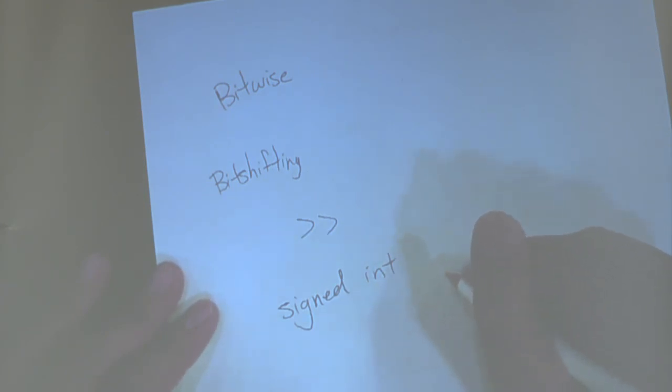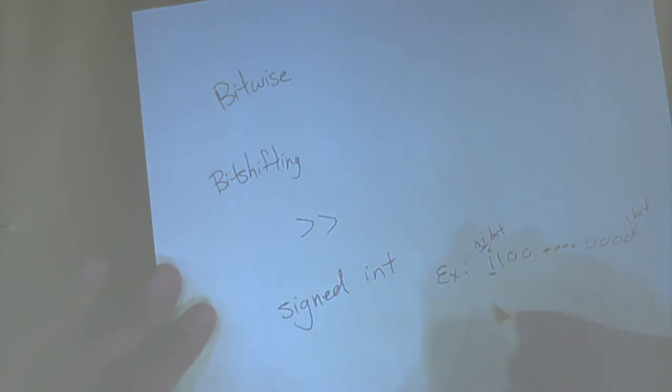For example, it's going to be 1, 0, 0, and let's say this is the 31st or 32nd bit. That's the sign bit, and the rest are all zeros. This bit determines whether we pad with 0 or 1.